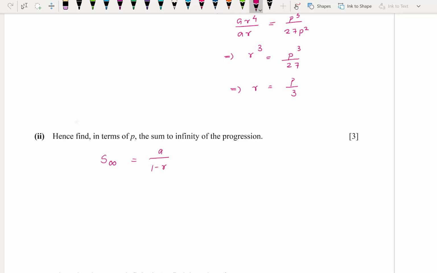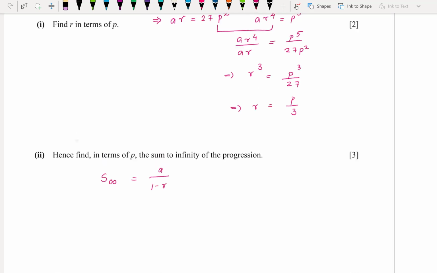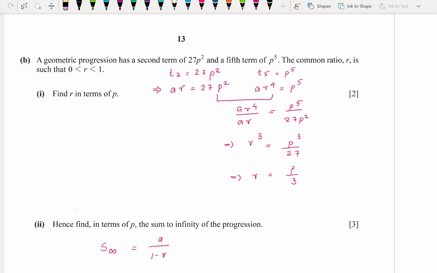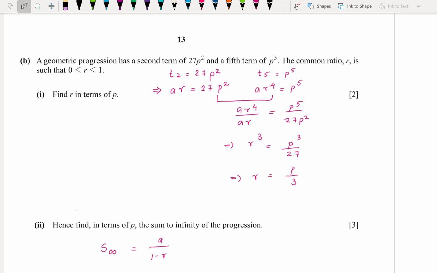So here we need to first calculate the first term. So r is this, Amrita, and a. AR is equal to 27p square. R is equal to p by 3.